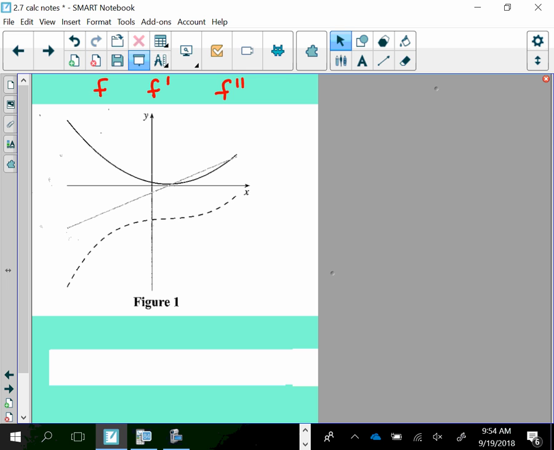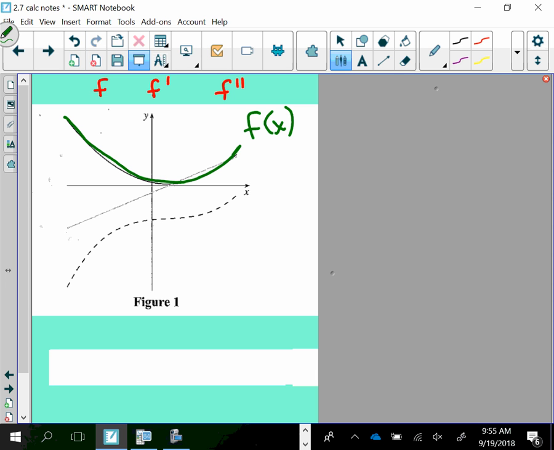Now, there are three functions, and sometimes you're just going to say, okay, let's say this is this one right here. I'm just going to take a wild guess and say that's F. Now, I'm not saying it is, I'm just guessing because sometimes that's where you have to start.